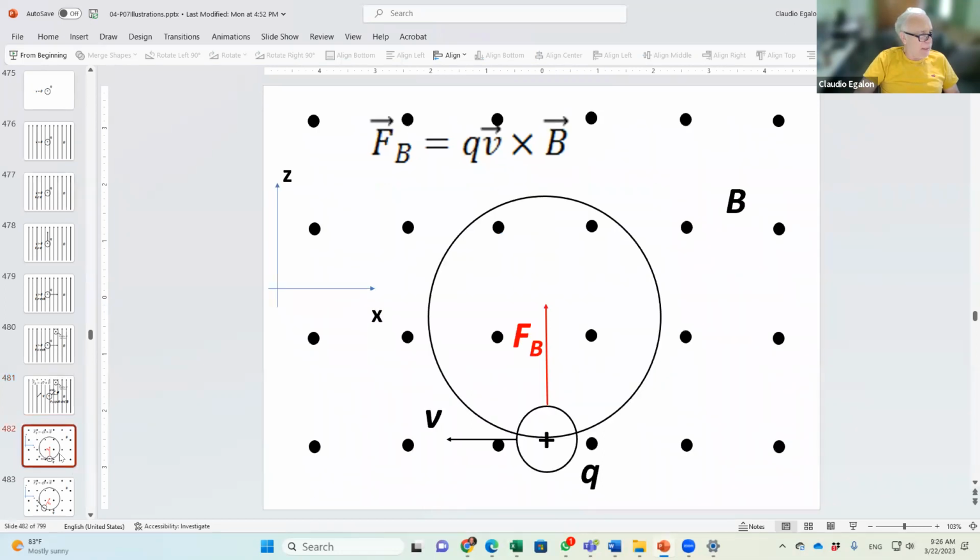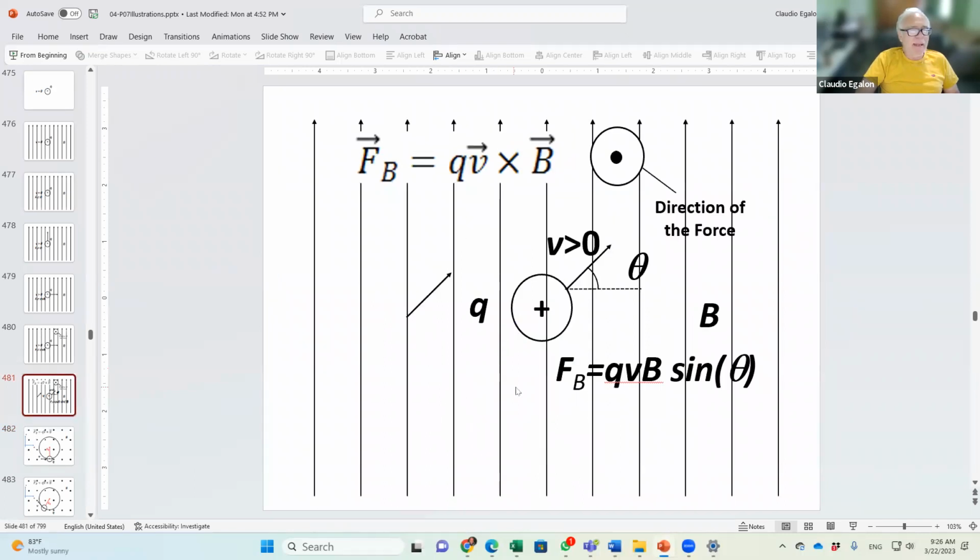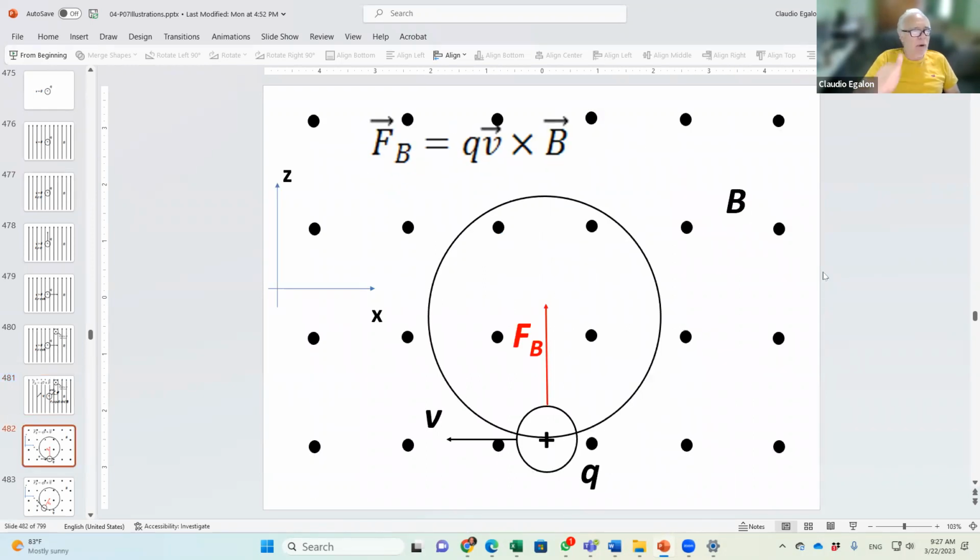Let's look at this one here. Now, suppose just another way of looking at the force that's being applied to the charge. Here in this case, the magnetic field is in the plane of the paper, pointing upwards. What if I rotate this picture and now the magnetic field points towards you, away from the plane of my screen, of my display?